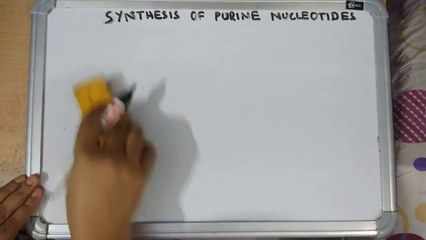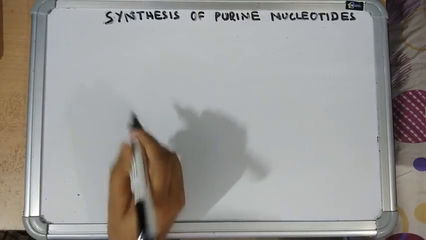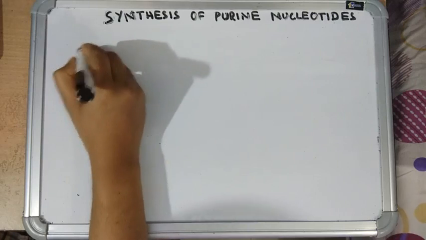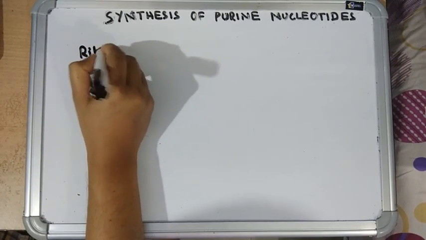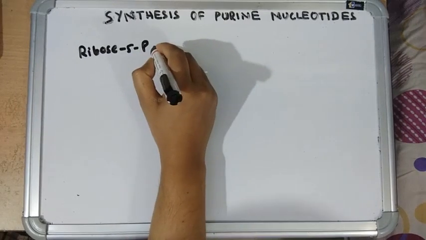First, there is the preparatory phase or preparatory step, step 0, where the building material PRPP is synthesized. We get ribose 5-phosphate from the HMP shunt.